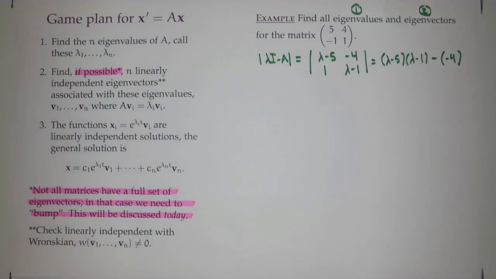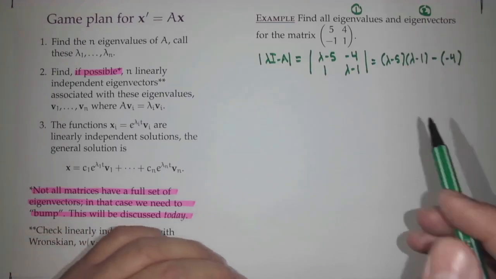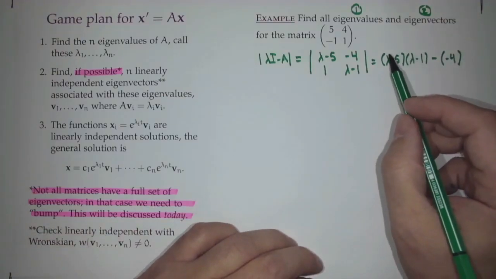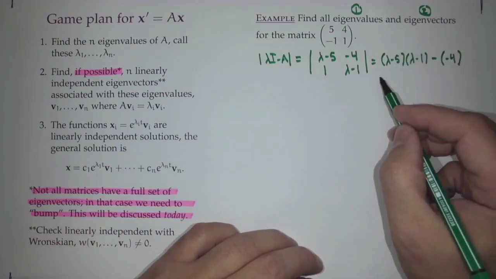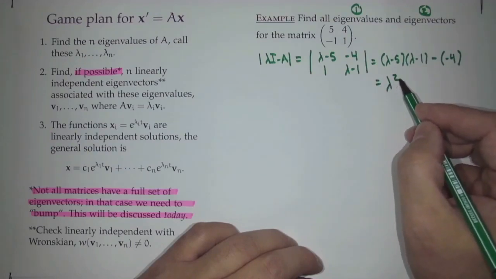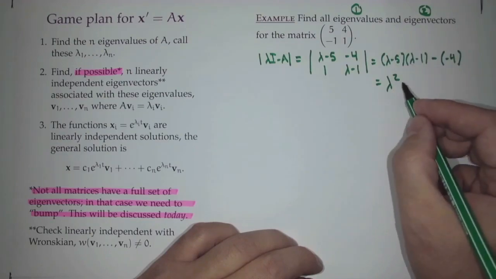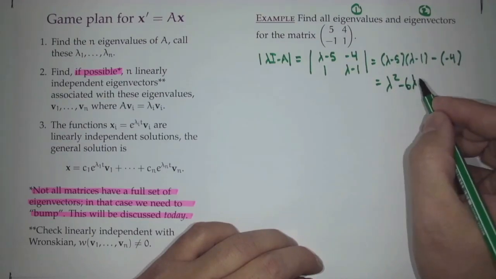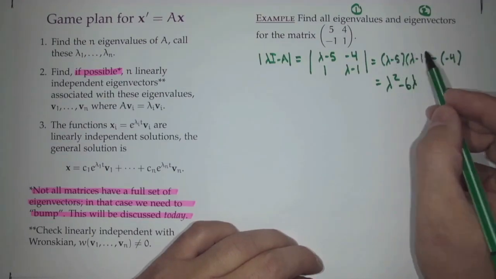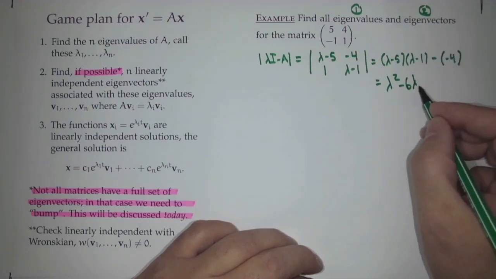Now what? All right, so the suggestion is expand. So we expand. So lambda times lambda, lambda squared. There's a minus lambda, minus 5 lambda, minus 6 lambda, and then there's a plus 5, plus 4 more, which makes it plus 9.